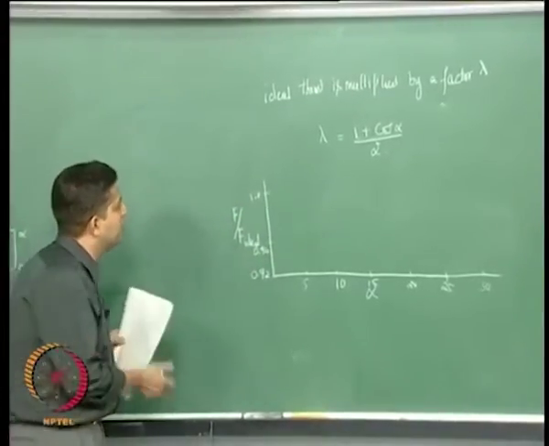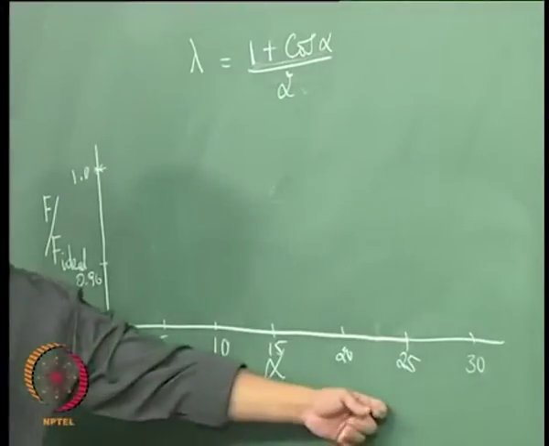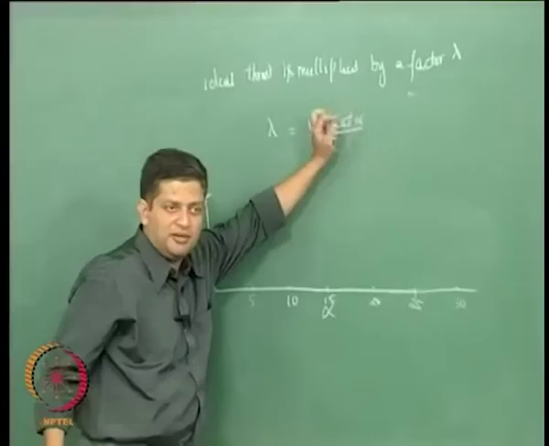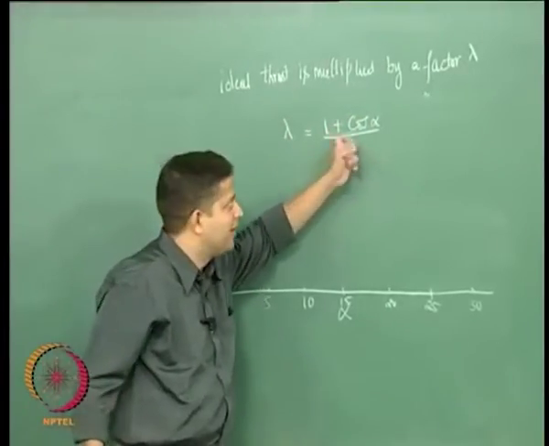So, this factor would be 1, but if alpha keeps on increasing, cos alpha reduces, and therefore, this factor lambda will be reducing.